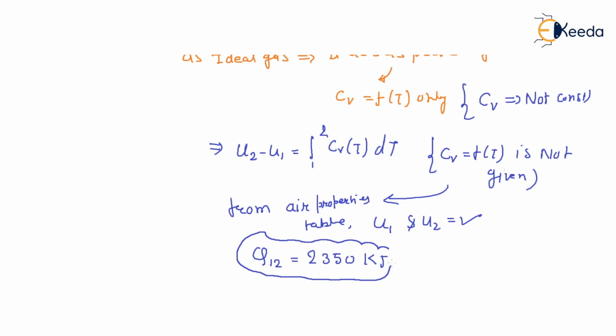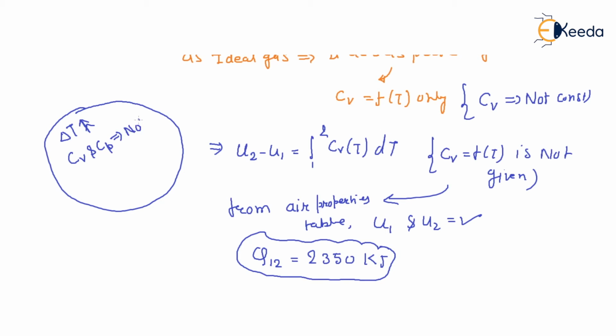So the note point here is that if your delta T is very high, CV and CP are not constant. Why? Because a high temperature gas behaves as a perfect gas.